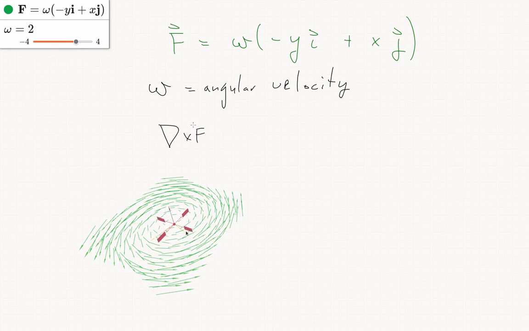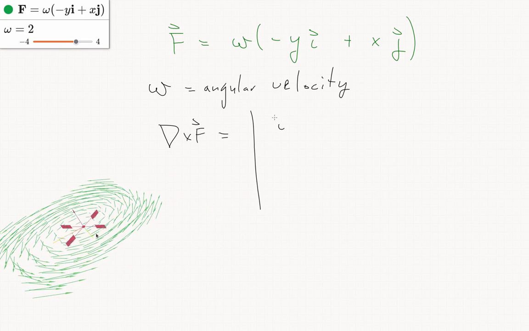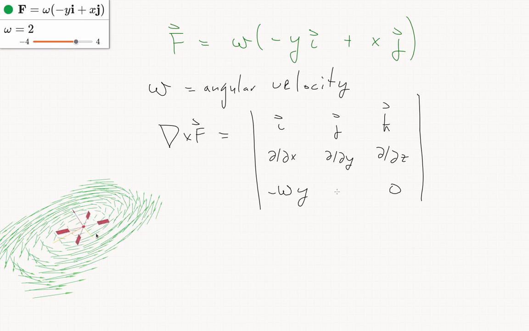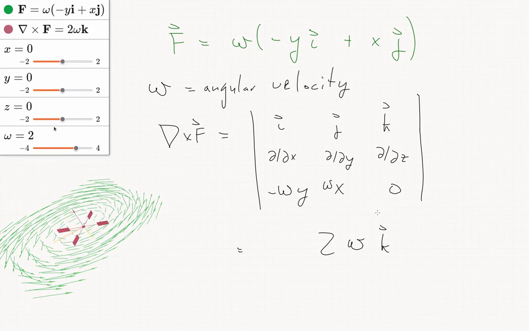So curl F, and this will just be a planar vector field, so we'll only get a k component. So this is 0, negative omega y, and then omega x. So this is something times k. This will be omega minus negative omega, so we get that the curl is given by 2 omega k.